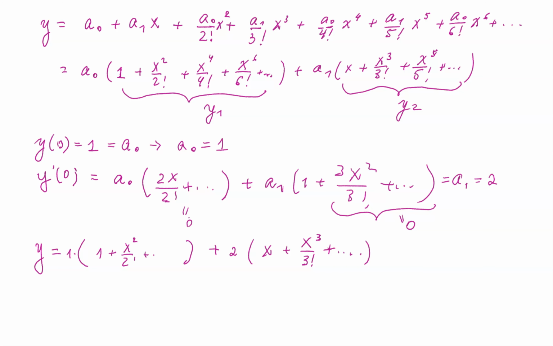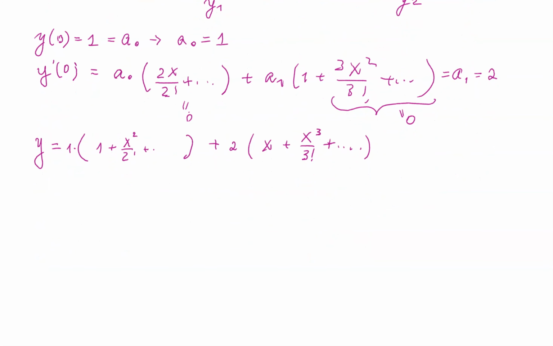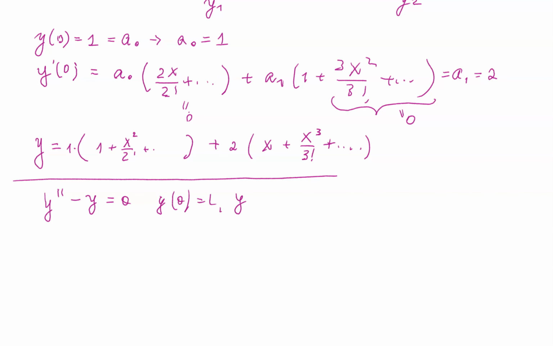Now, it always makes sense to check our new method, how it relates to the old ones which we know. The equation which we were solving is very simple. So I'm just going to check our solution using the traditional method, right? Remember, the equation was looking like this. Second derivative of y minus y equals 0, y of 0 equals 1, and y prime of 0 equals 2.